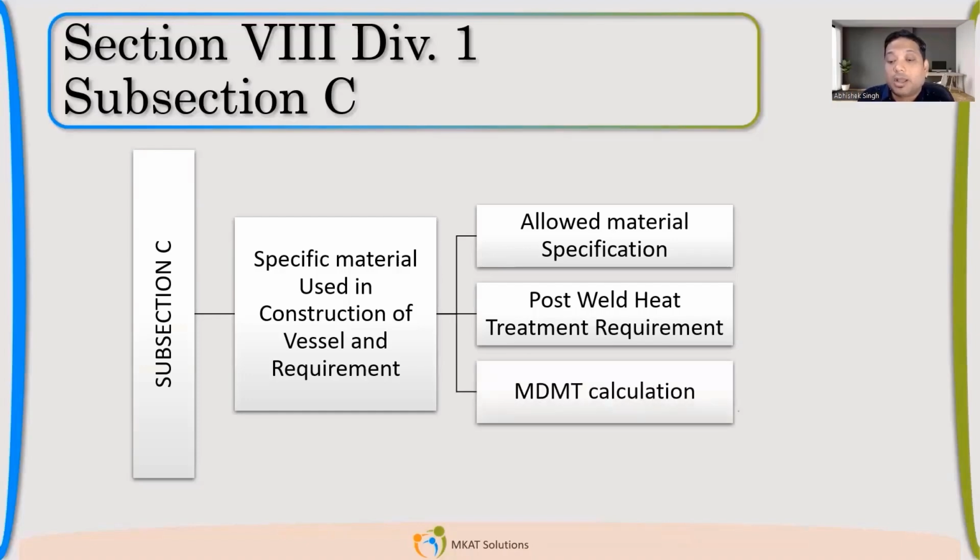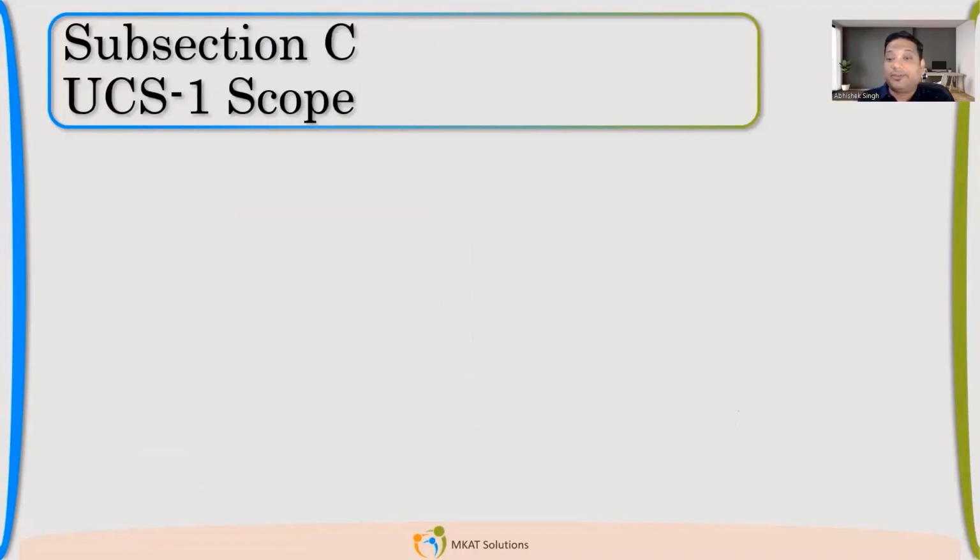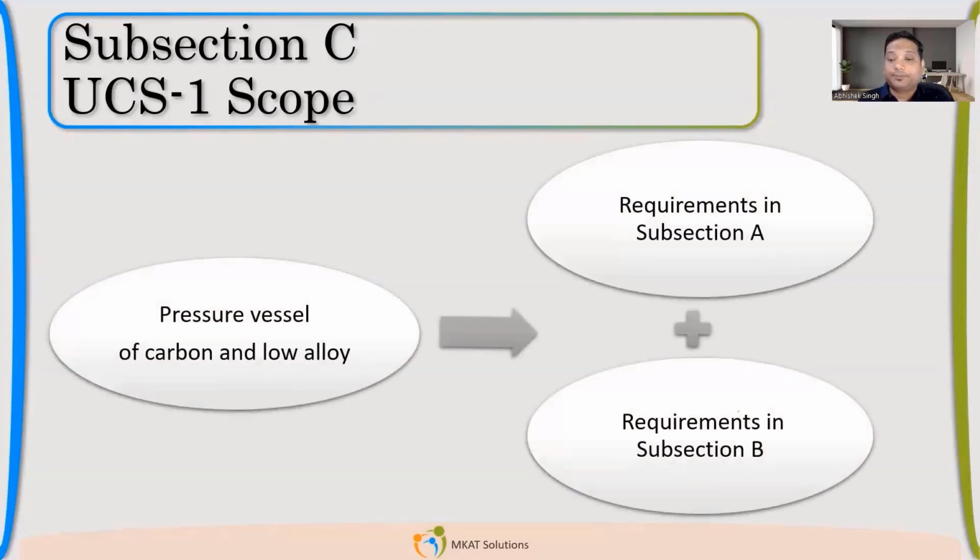Okay. Then MDMT calculations. See, MDMT calculations are also very important if you are familiar with problems associated with low temperature. Then MDMT is very, very important. So there are many other things also, but basically these three are the requirements for which we have to refer to subsection C. Okay. So finally, what happens? We have to combine all those requirements.